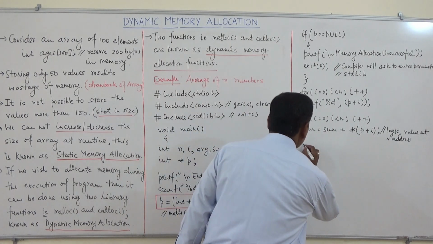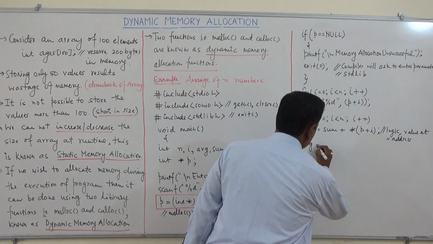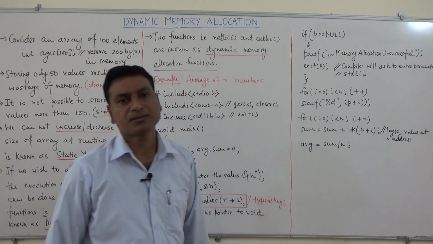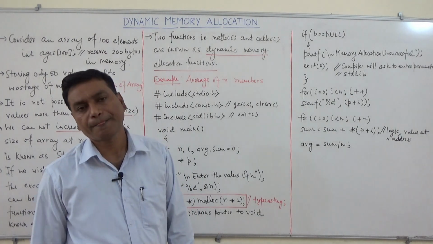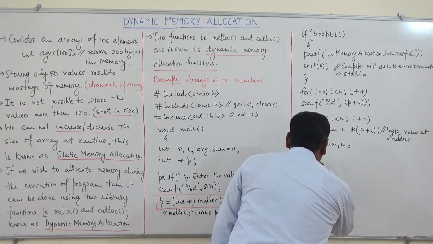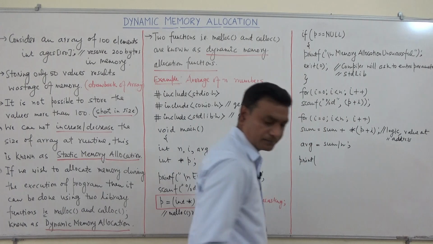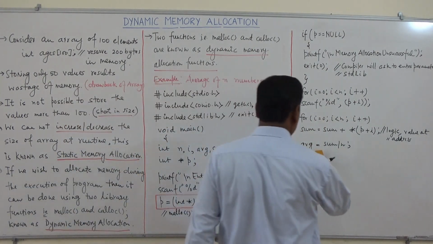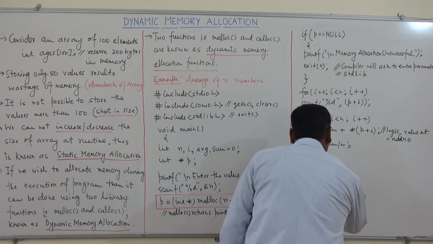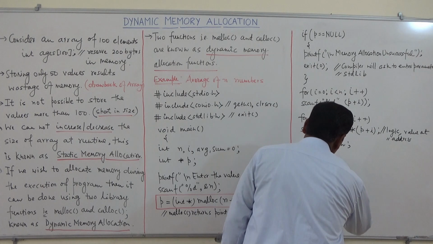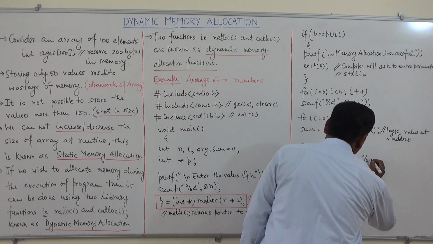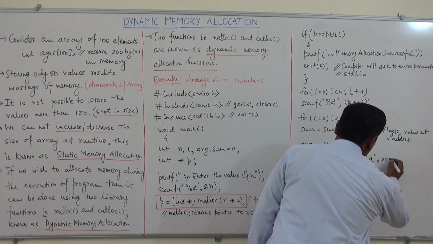After getting the sum, we can find the average. This average is the sum divided by n. After getting the average, we will print it: printf average equals avg.